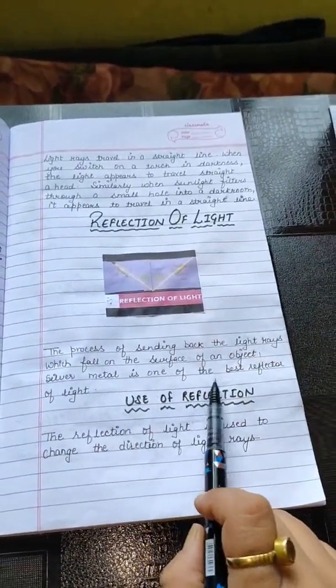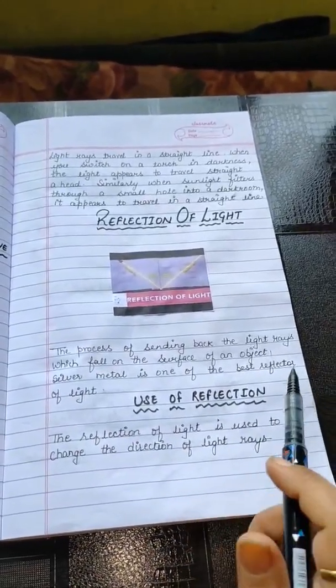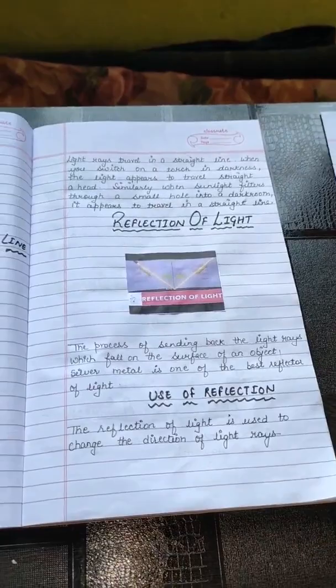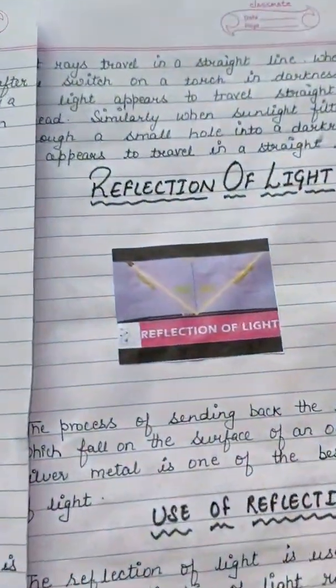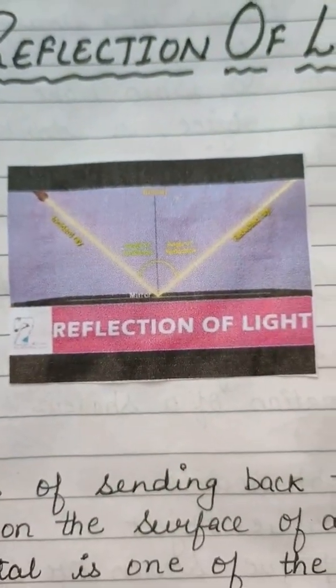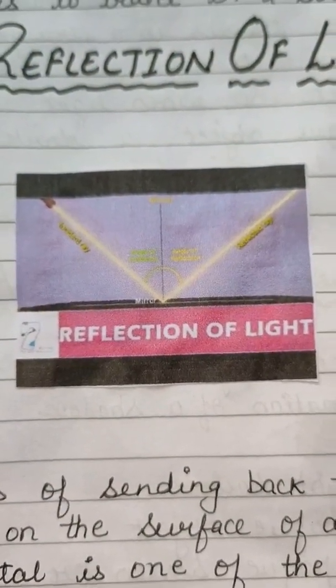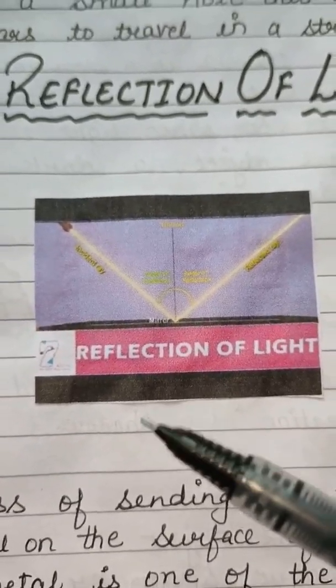Silver matter is one of the best reflectors of light. You can see here also, this is an example of reflection of light.